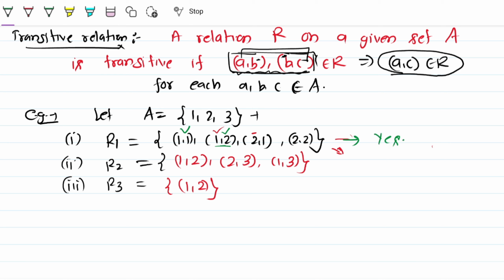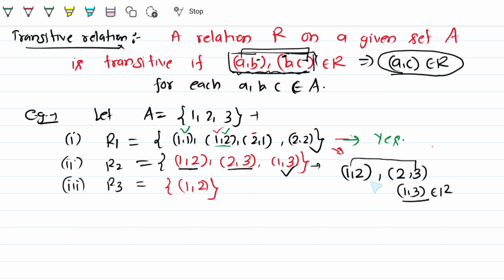Now let's check R2, is it transitive? Again for transitivity we look for connecting pairs. Here we start with the first element (1,2). For connectivity the second element should start with 2, so we have only one choice, (2,3). If it is transitive then (1,3) has to be in R, and yes, it is already present. So for this pair it is okay.